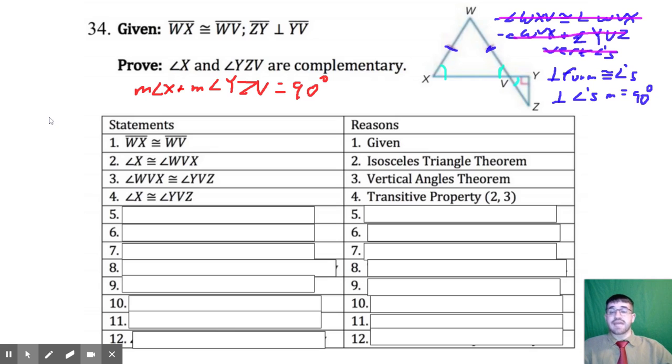That's basically saying if A equals B and B equals C, then A equals C. We're just applying it to geometry now. So now we've gotten an angle measurement in our second little triangle YVZ here.